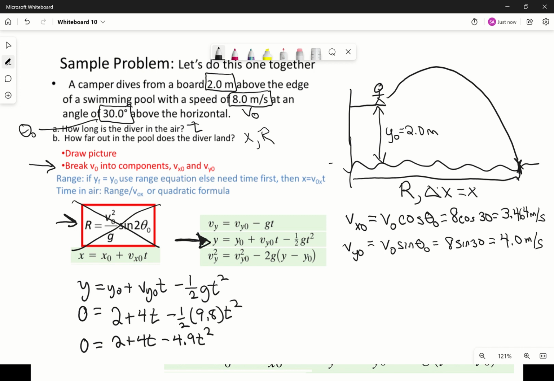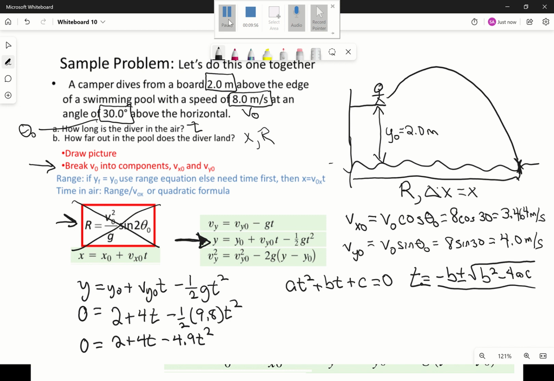And so remember, the quadratic formula is, if I have a t squared plus b t plus c equals 0, then t is equal to negative b plus or minus the square root of b squared minus 4ac all over 2a. My stylus stopped working for a second there. Okay, so all over 2a.